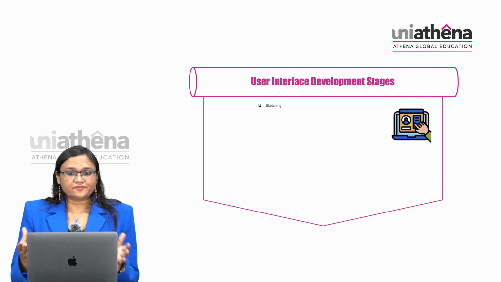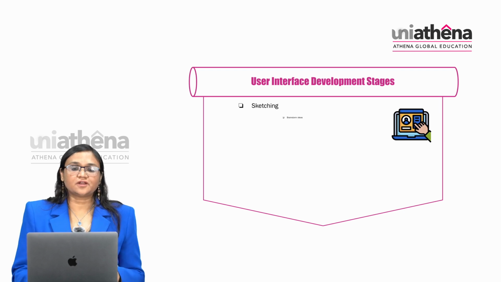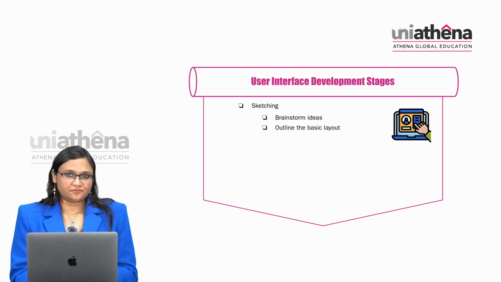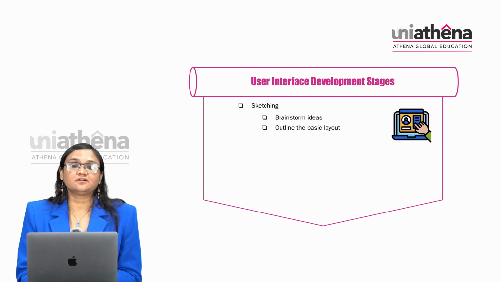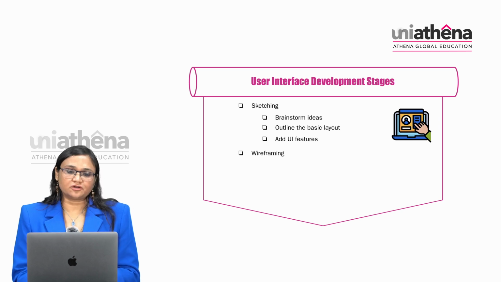Now, there are different stages in which we design user interfaces. It always starts with sketching, where you have an idea on paper or screen. If you're using a software system, you create a basic layout, you identify the features and plot them.